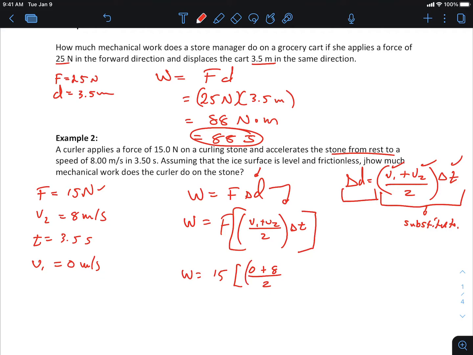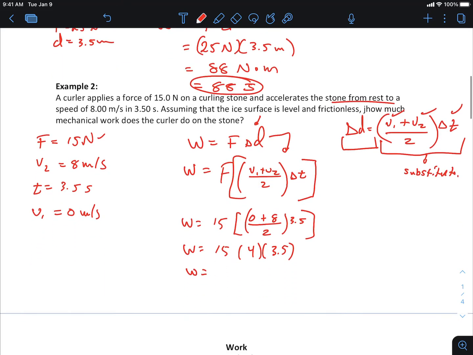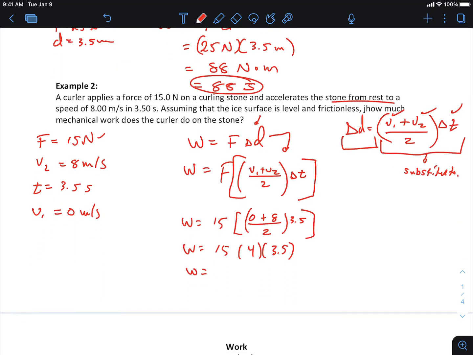And then we're going to multiply that by the 3.5. So what do we get? 8 divided by 2 is 4 times 3.5. And we just do the math. So you should find that the work will be 210 joules.